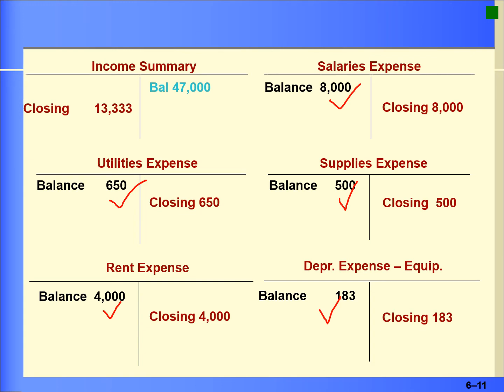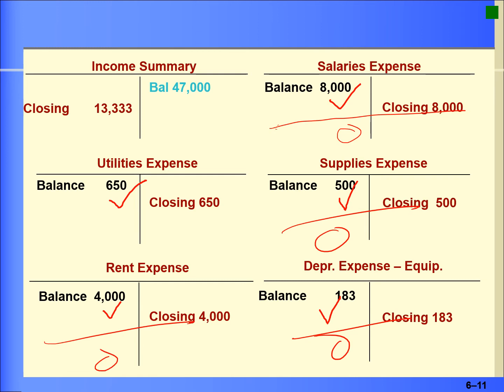So what will happen is once we've recorded the actual entry and then transferred it to the income summary account, each of these accounts is now going to have a zero balance once they've been posted. And at that point, notice on the income summary account, the credit side represents your revenues and the debit side represents your expenses.